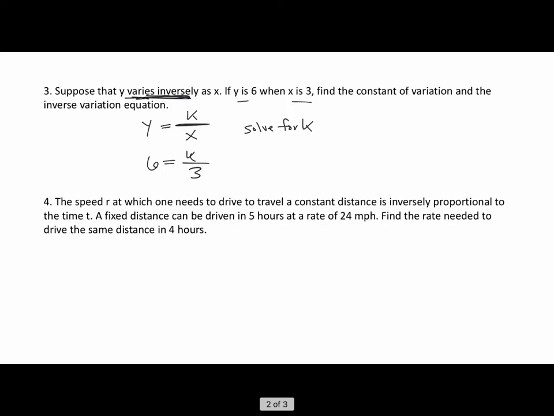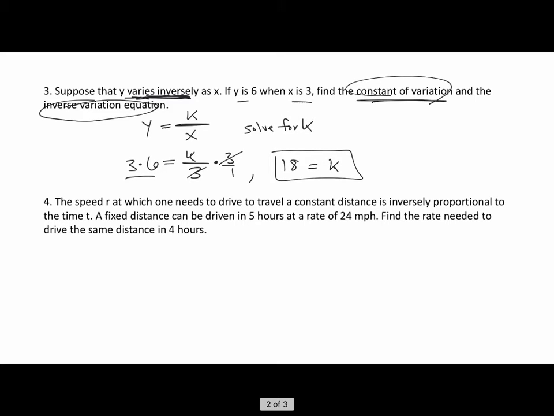Okay, so in order to solve for k, it's being divided by 3, so we need to do the opposite, the inverse function here, multiplication. So we'll multiply 3 to both sides. Then on the left side, 3 times 6 is 18, and on the right side, the 3 divided by 3 is 1, so that's just 1k, or k. That's our constant of variation, so that's the first part.